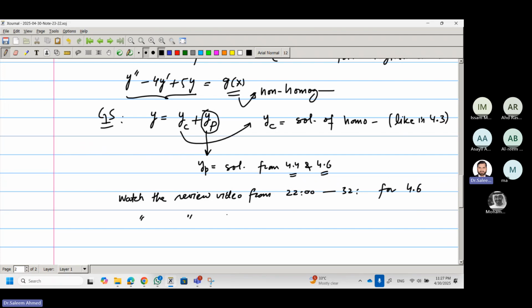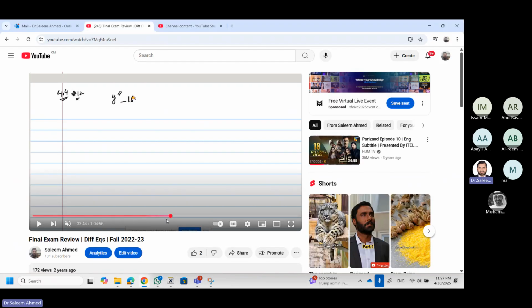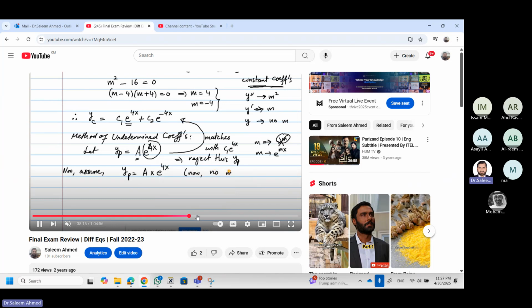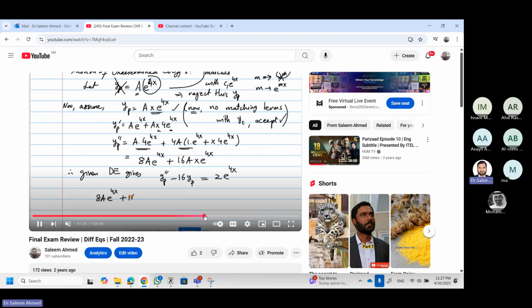And then you can watch it from 33 onwards for 4.4. Instead of doing it again, it's 11:30 almost, so I think it's better if I just do the method of undetermined coefficients.